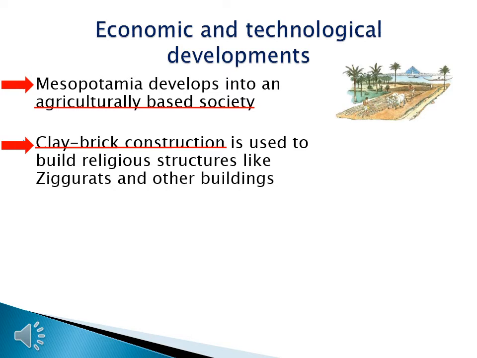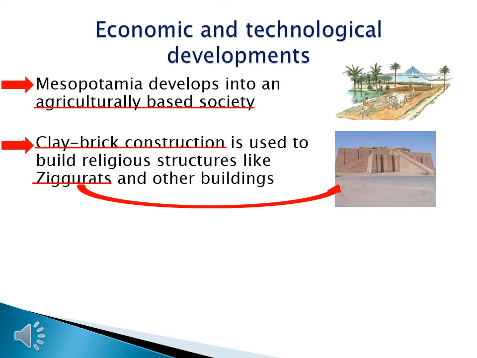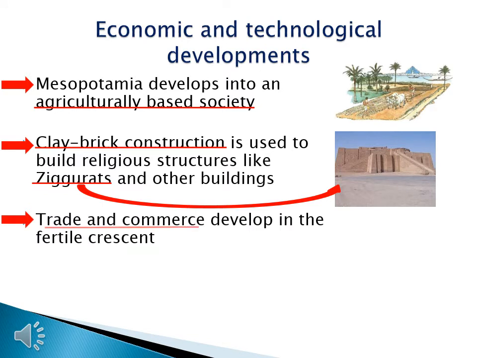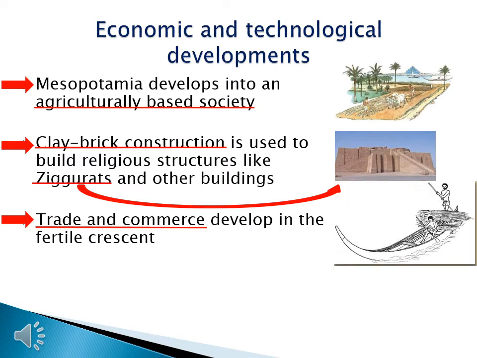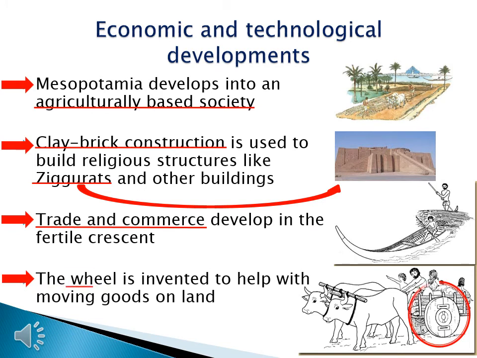And we're going to use this construction to build religious buildings like ziggurats and other buildings. That's an example of a ziggurat that I've put up for you. We're also going to have trade and commerce develop in the Fertile Crescent. We're going to be using the rivers. We have boats, and we're also going to be crossing on land. We've domesticated our animals. But to do this, we have to have one important invention. The wheel is invented to help move goods on land. Go to the next slide.